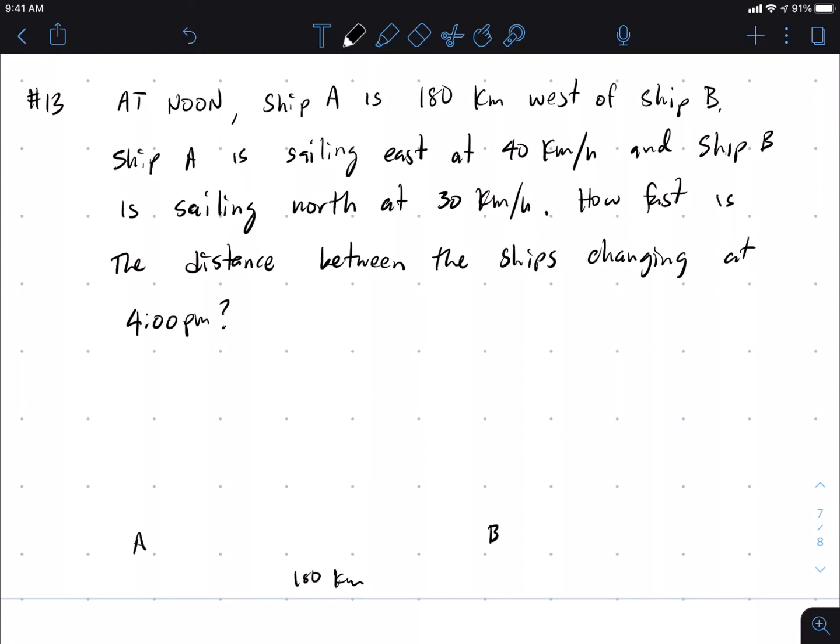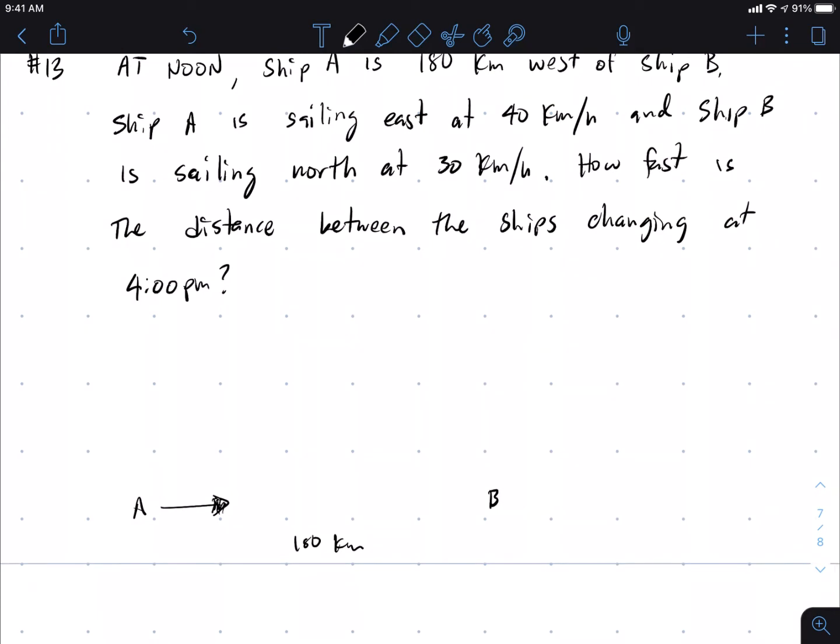But what do we know about ship A? Which way is it going? East. So that means this ship is going in this direction, correct? So the distance from ship A to ship B is actually going to be getting what?